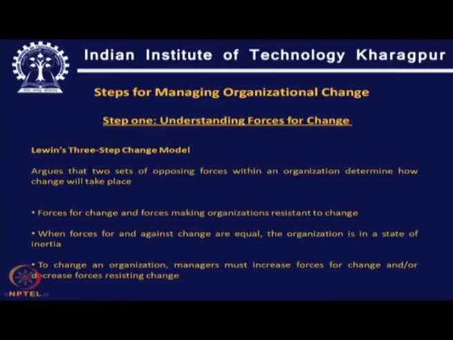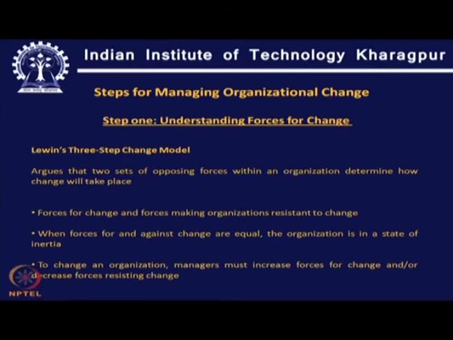Next, we look at the steps for managing organizational change, and there are six to seven steps of managing organizational change. The first step for managing organizational change is understanding the forces of change.